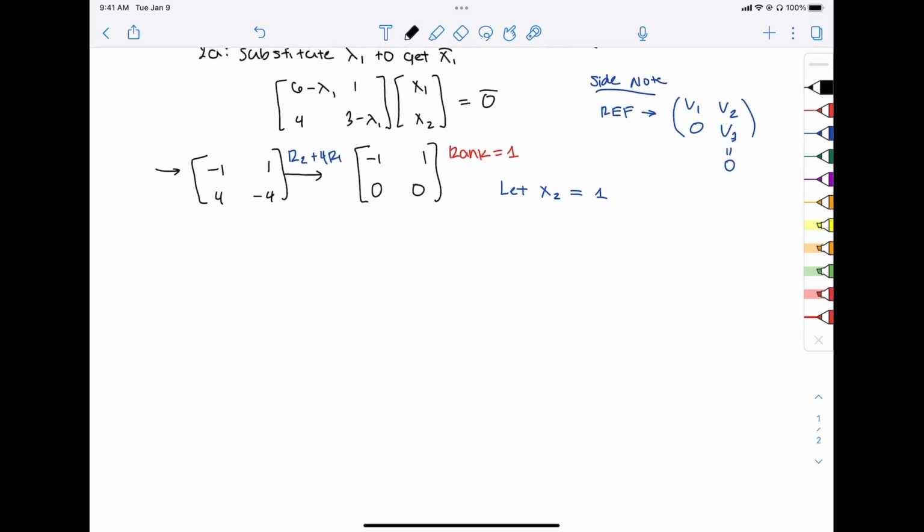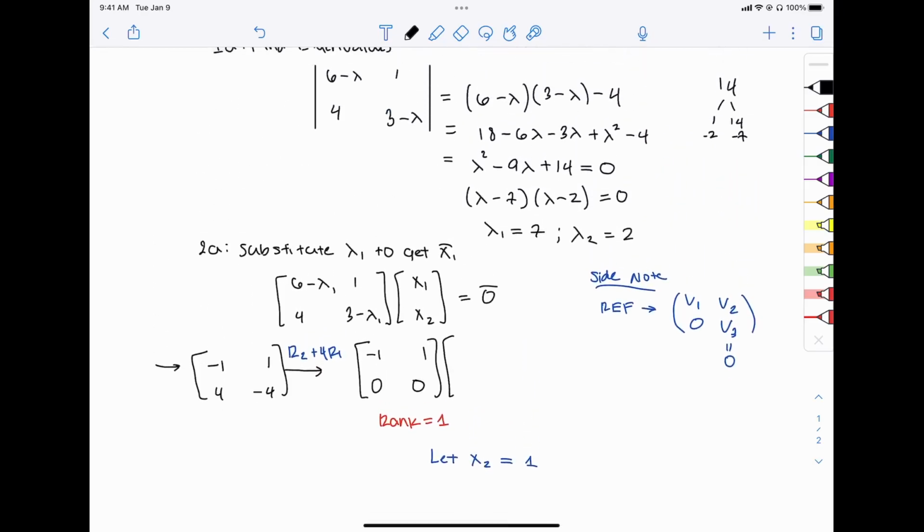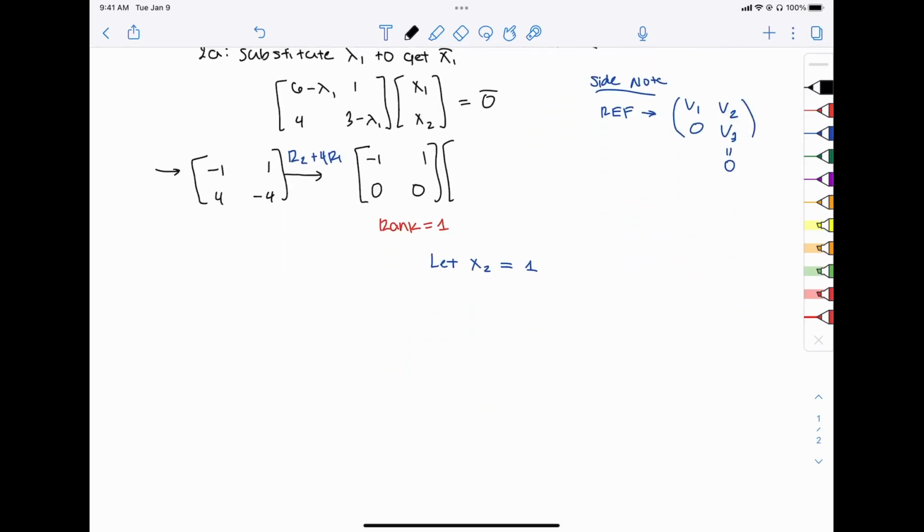Okay, and then we read off. Actually, let me move this around so I can kind of write it like this. Maybe it'll help visualize kind of the idea that we're working with here. So then we have, this doesn't change here, this x1 and x2 equal to 0. I simply just leave it off for notation.